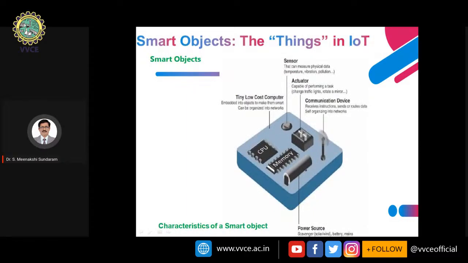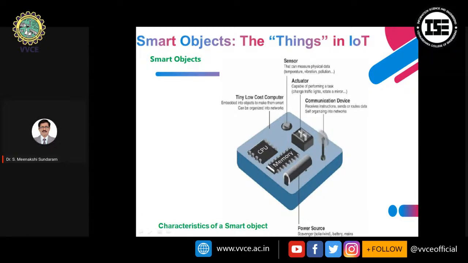So this is one example of a smart object where we have shown one tiny low cost computer which includes a CPU, memory, a power source, a sensor, an actuator, and some communication device. The sensor is capable of measuring the temperature, vibration, or pollution, for example. The actuator is able to perform any task like changing the traffic light signals or rotating a mirror, for example.